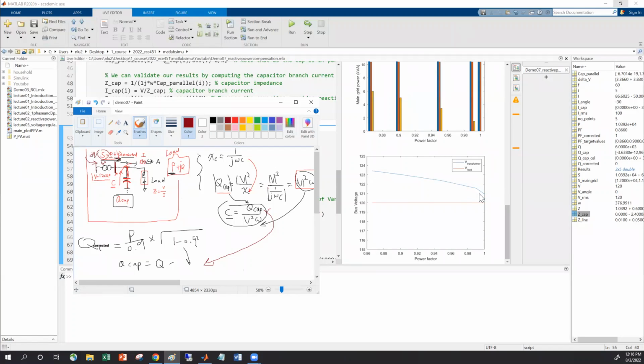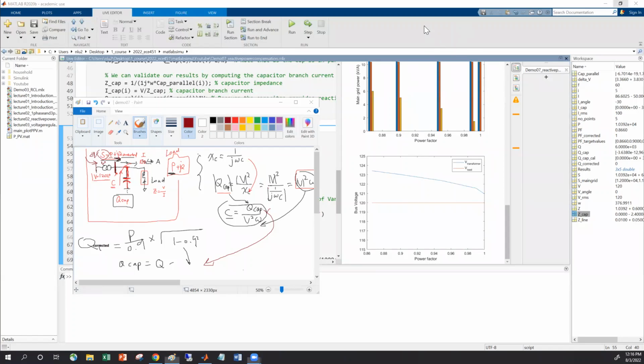So this is why when we do the reactive compensation, you can see this is initially the power factor. So that means at this part of the grid, the voltage needs to be much higher. But if I provide the reactive power locally, okay, the drop along this resistance will be reduced because there is less current passing through this impedance.